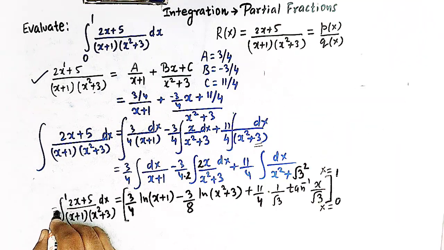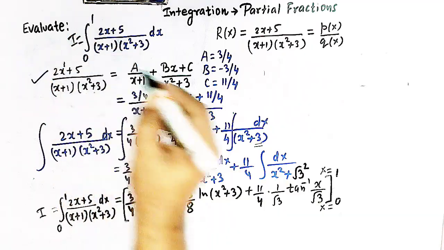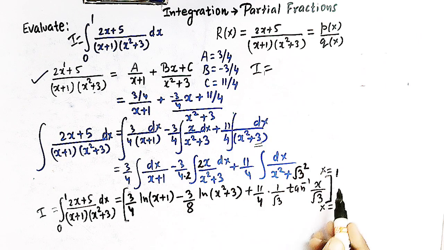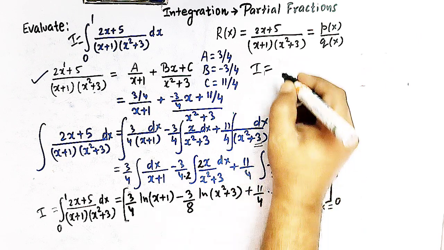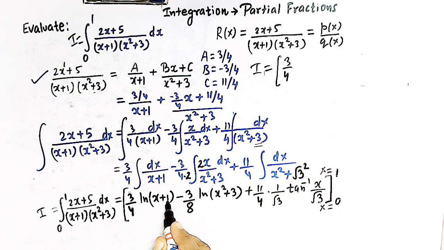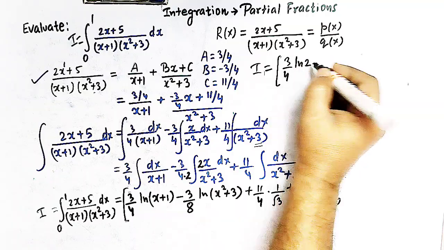So now if we call this integral I, then we can write the value of I as follows. First we take x is equal to 1. So we have here 3 over 4. 1 plus 1 is 2, so we have natural log of 2.